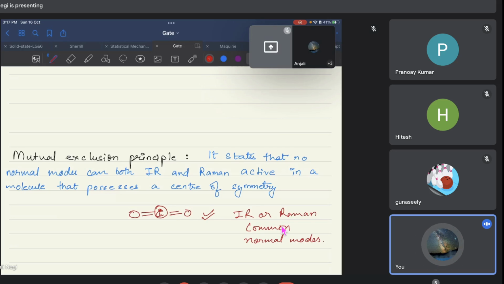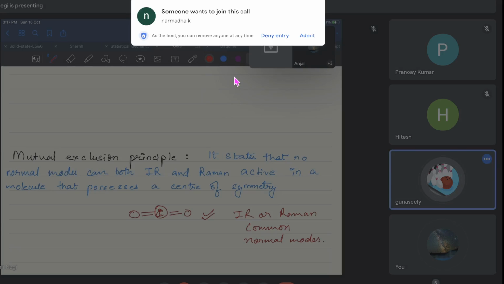Okay, so is this clear with Hitesh and Gunasli? Yes, ma'am.